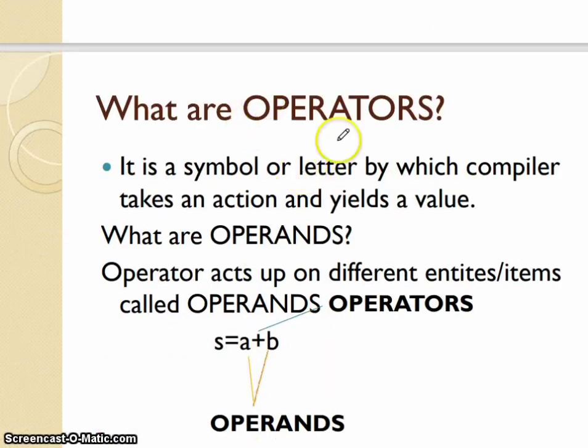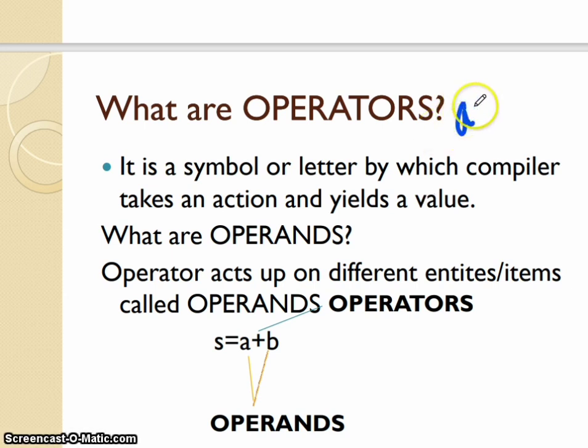What are operators? Operators are the symbols or letters by which compiler takes an action and yields a value. It means that operators are the special symbols by which the compiler recognizes them and takes an action and yields a value.